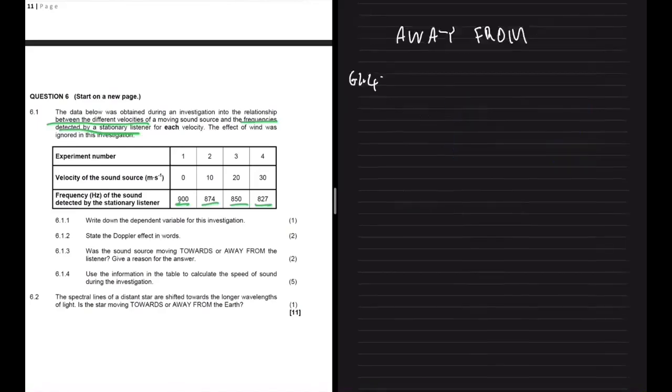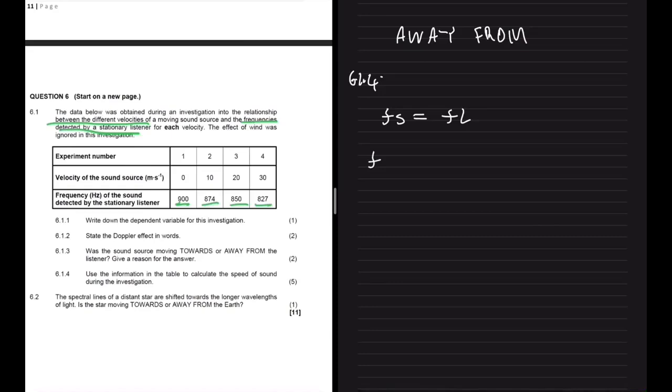6.1.4 says use the information in the table to calculate the speed of sound during the investigation. I think the trick of the question is to realize that for experiment 1, Fs equals FL.